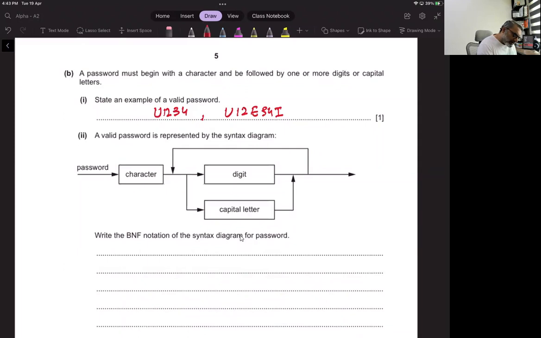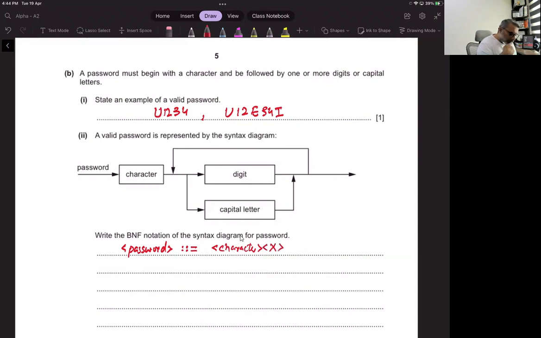Okay, so password is defined as X or Y. First of all, we have to have a character. So it is defined as a character followed by X.